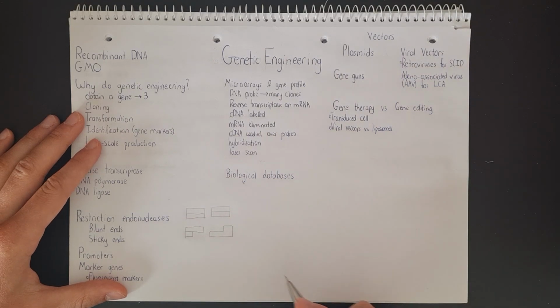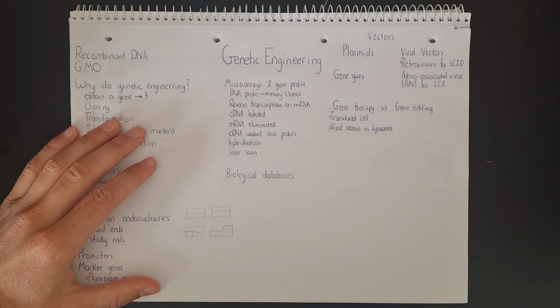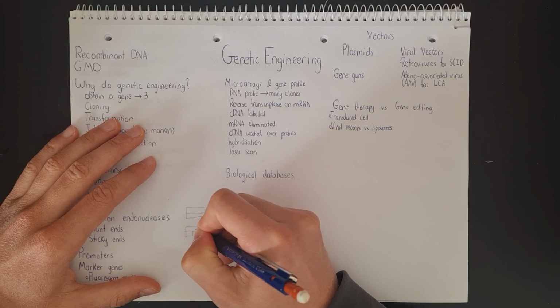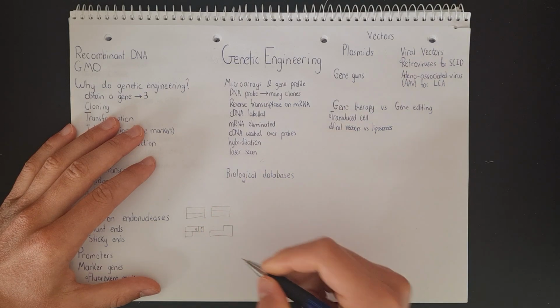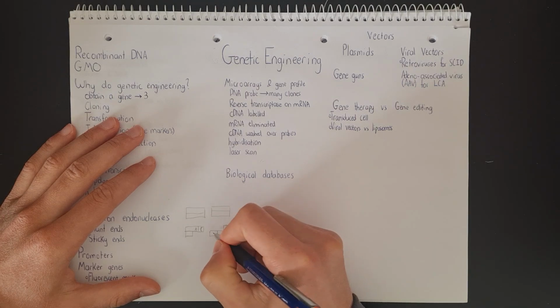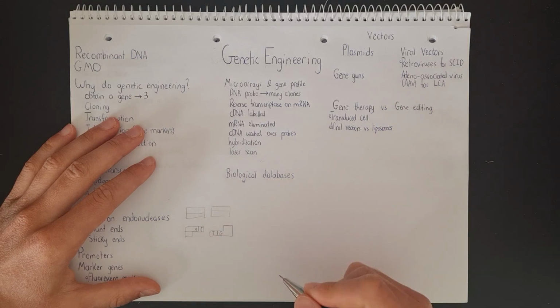Okay, so the sticky ends will be these bases that are unpaired. Now, it's important to see that in these sticky ends, let's say we had A and, let's say, C, actually, A and C, and then on this other sticky end, we will therefore have thymine and guanine, right, because ATCG pair in DNA.